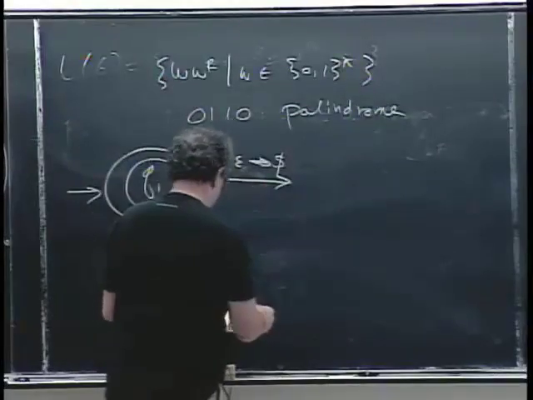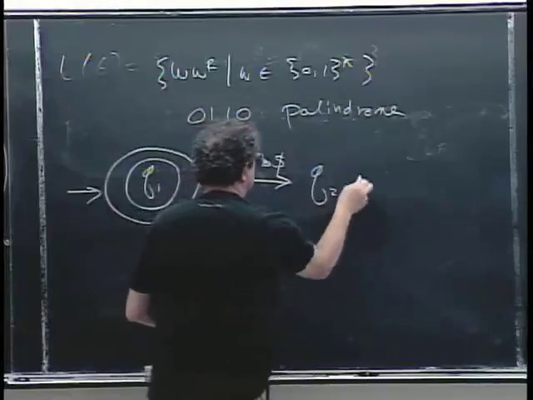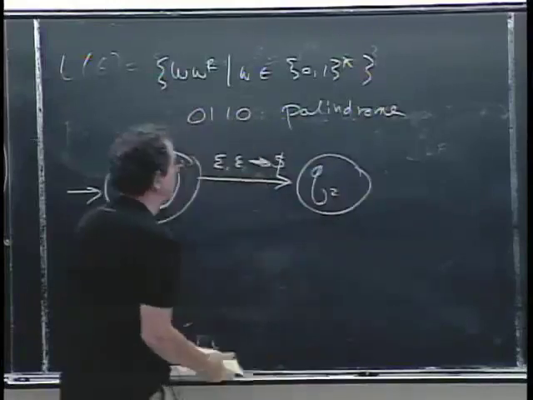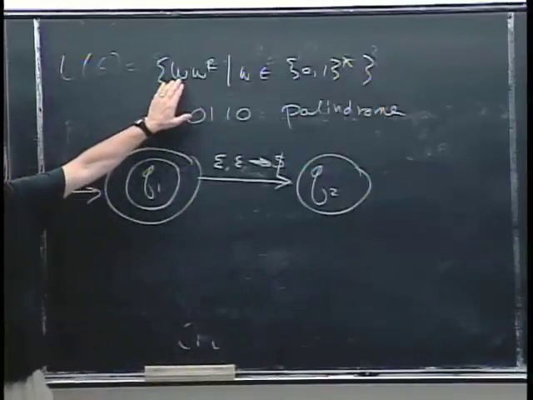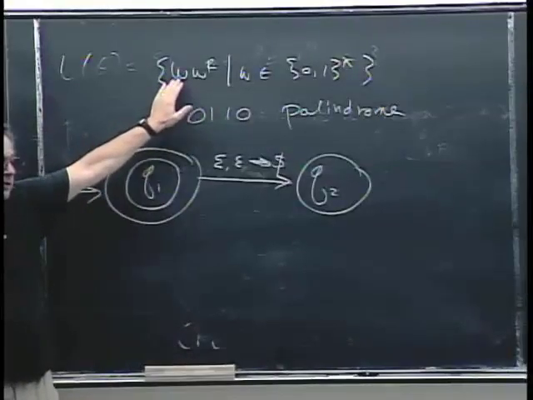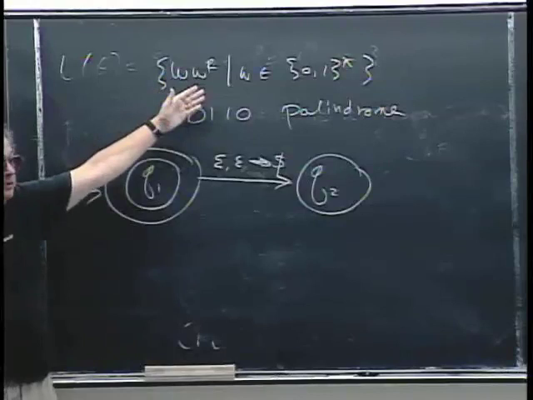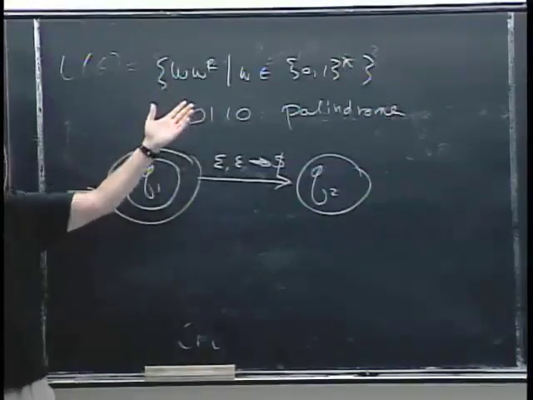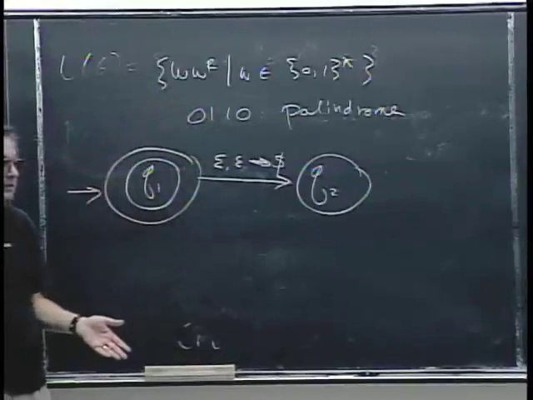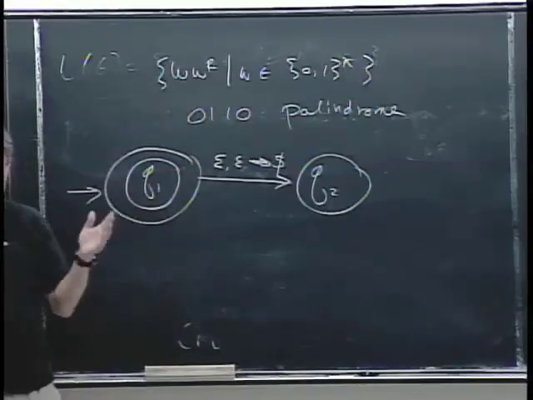And then we're going to have a state here where essentially we're going to read the first part. Now, we don't know what the first part is and what the second part is. So this would be very difficult to do with some kind of deterministic machine. But we've got the power of non-determinism.